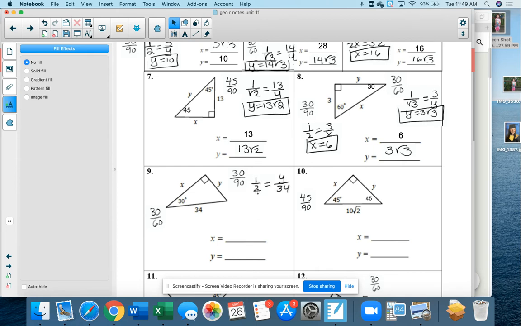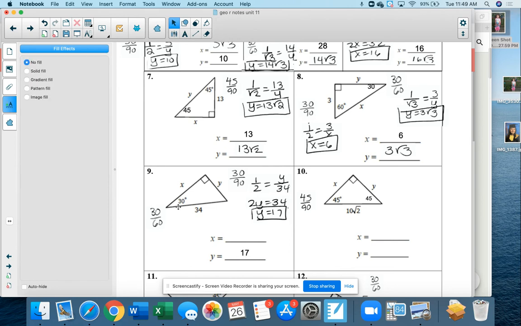So 1 over 2 equals y over 34. Cross multiply. 2 times y is 2y. 1 times 34 is 34. Then to solve for y, I'm going to divide both sides by 2. And that gives me y equals 17. Okay, so I got that one.